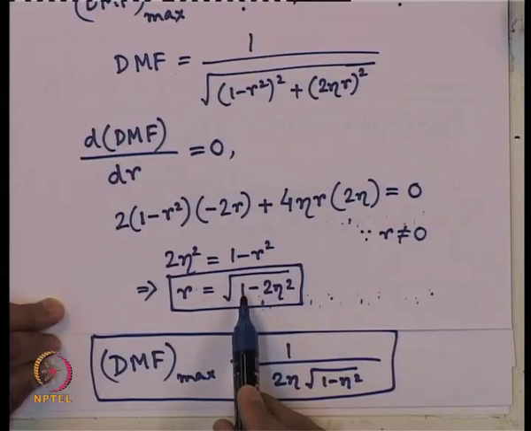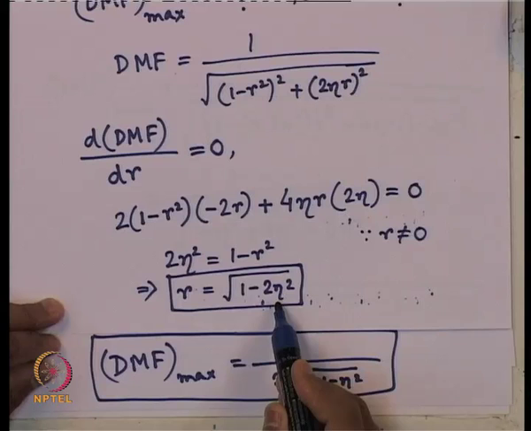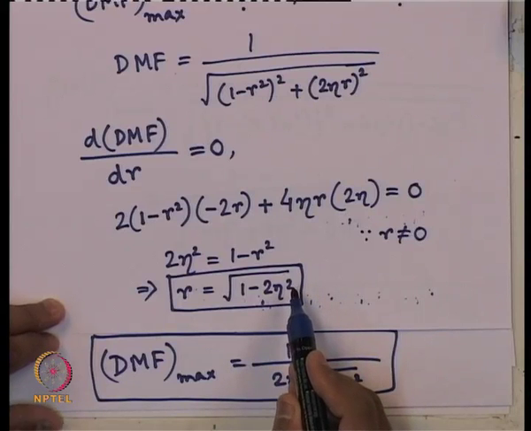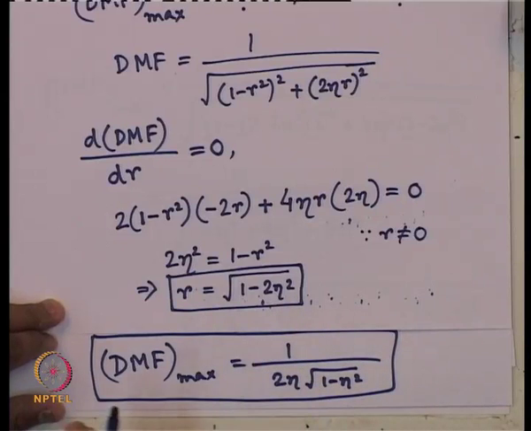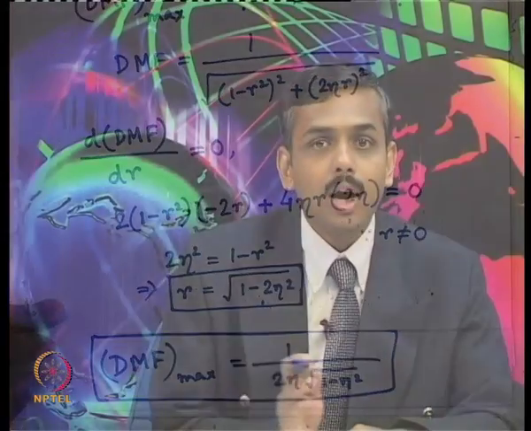the maximum occurs for non-zero values of eta, and as the value of eta increases, the maximum DMF point will keep on shifting away from r equals 1 towards r equals 0. It will shift slowly from r equals 1 to r equals 0.